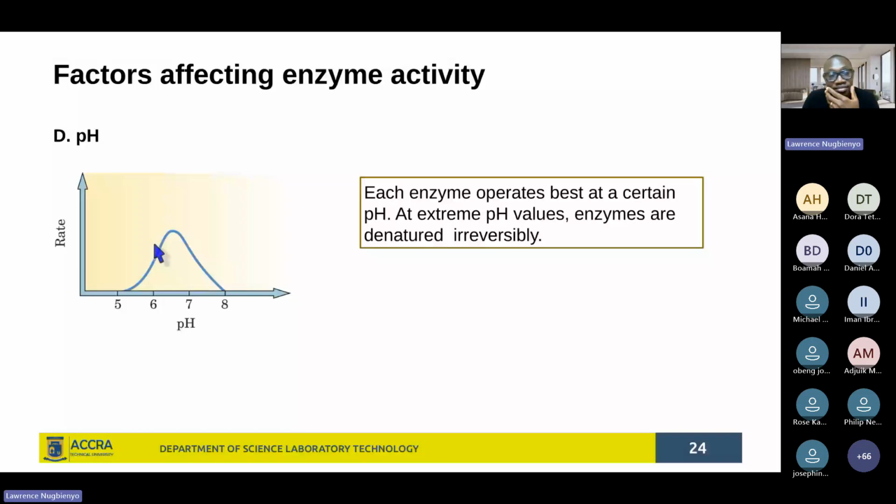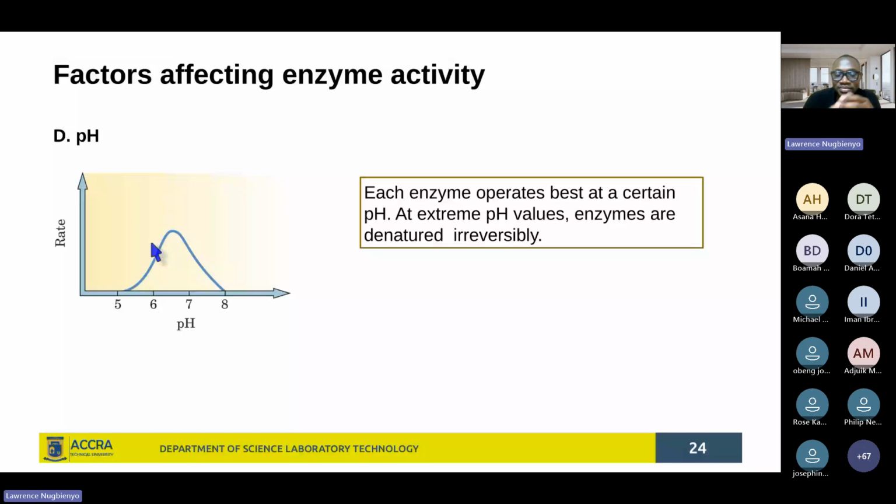So for instance, if we have in our mouth a pH condition which is just hovering around neutral pH, it means that if you take an amylase, which is active in a slightly basic and neutral pH, and it goes to an acidic medium, like in the stomach, that enzyme becomes inactive.